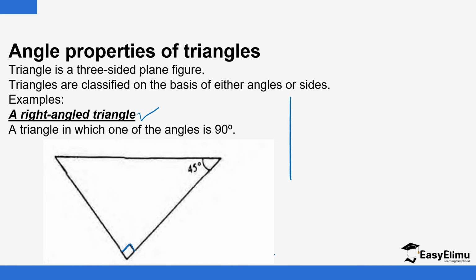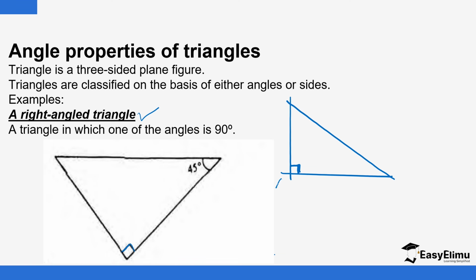Let me just draw one here so that you see. So we have something like this. This is a very good example. And then you just draw this box here. This is the symbol that we use to mean 90 degrees. So if you don't indicate 90 degrees, you just use that symbol there.